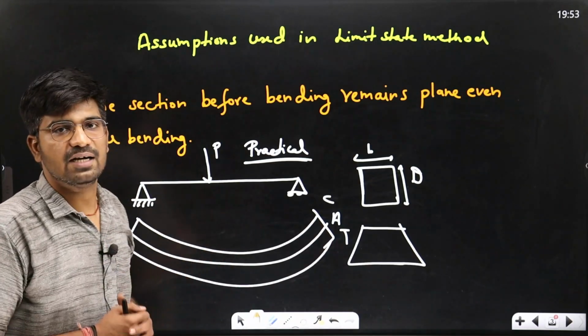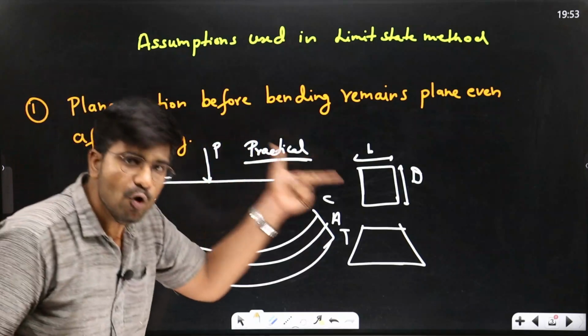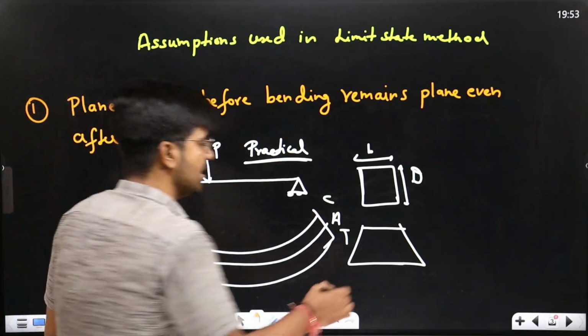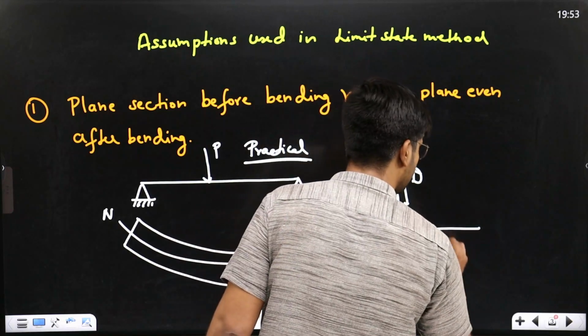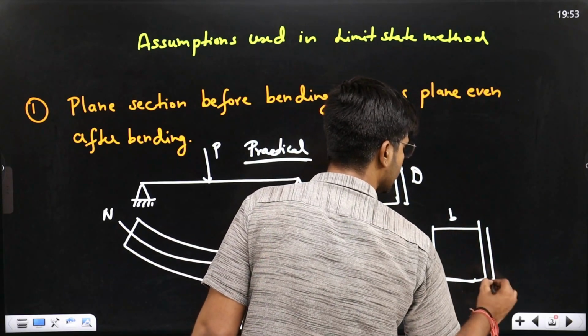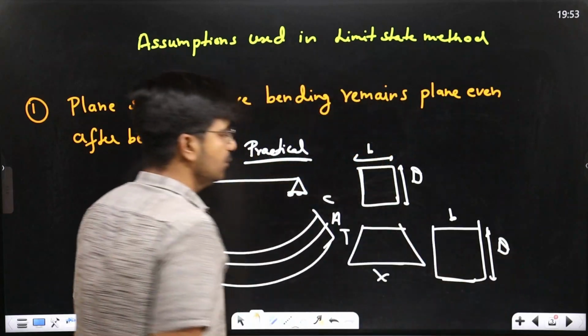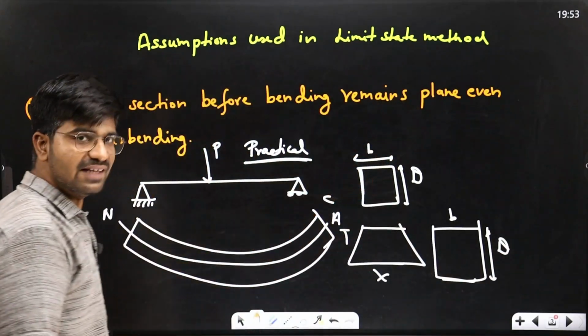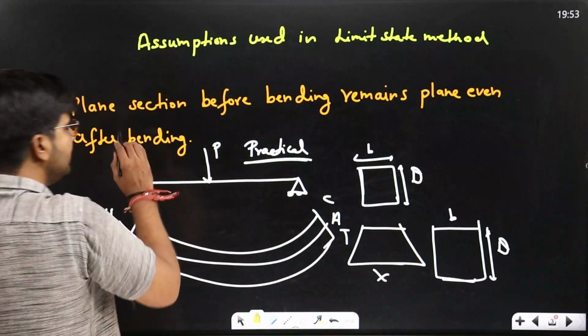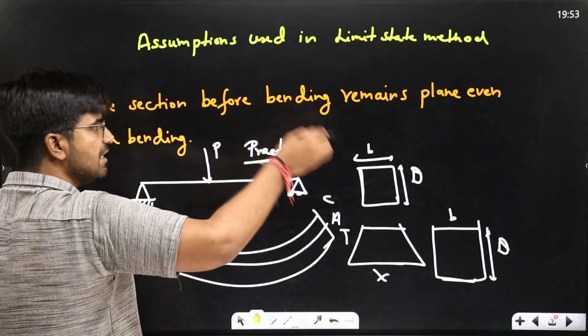We considered that a plane section before bending remains plane even after bending. It will not come like this; it will remain plane only.